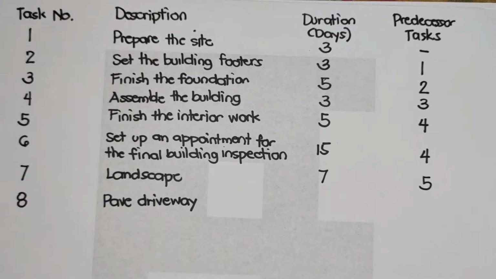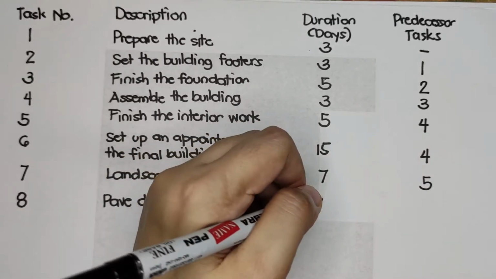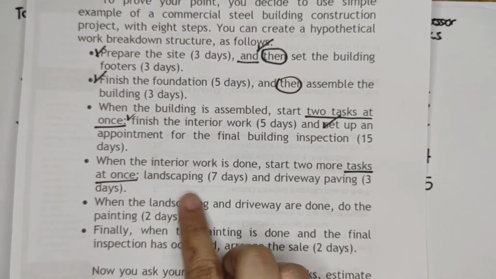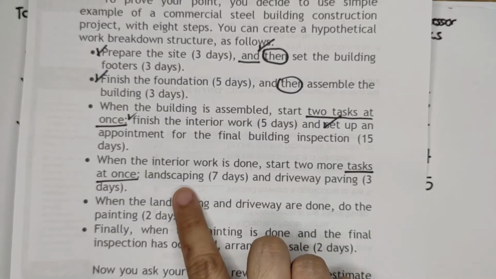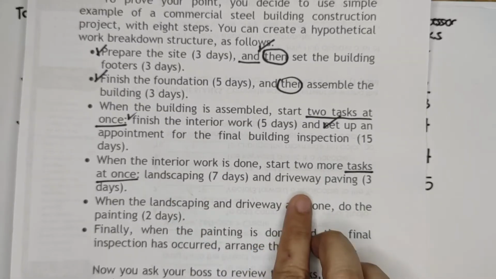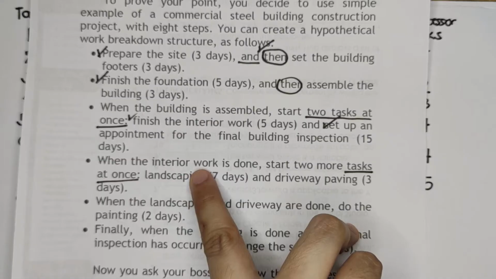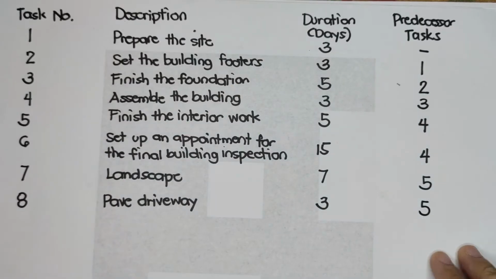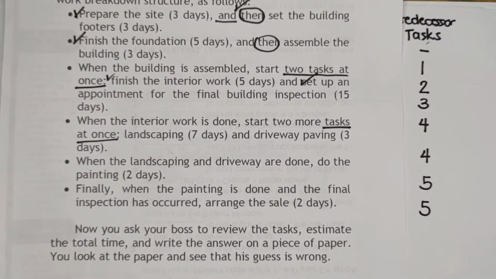Its duration, as it is said, is 3 days. And then the predecessor task, just like the previous statement, since driveway paving and landscape are concurrent tasks, its predecessor task is also task number 5. So, we're going to put task number 5. Next, we have the last 2.